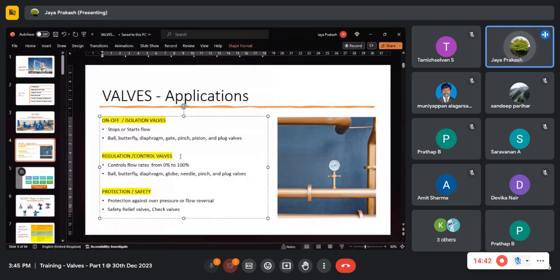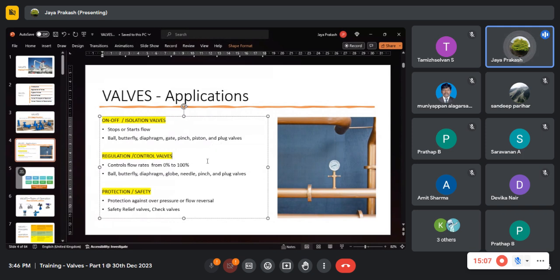Say 50% of the fluid should be in flow always. If the burning requirement is higher, they will increase the flow, or they will decrease it, so the flow needs to be controlled. In that type of situation we need control valves.